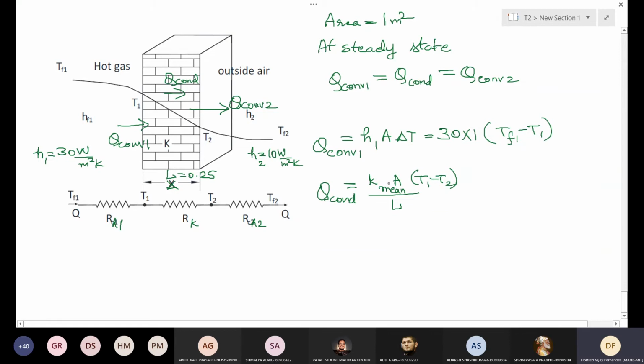So area is known. We can write this as 1 divided by 0.25 K mean into T1 minus T2. I'll write first. What is K mean? K0 into 1 plus beta into T mean.